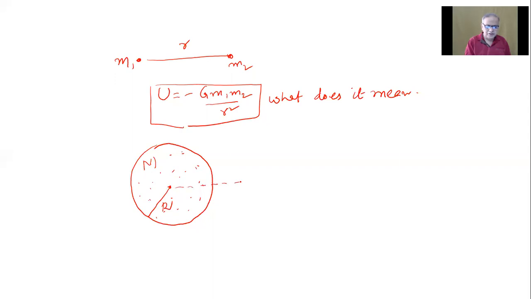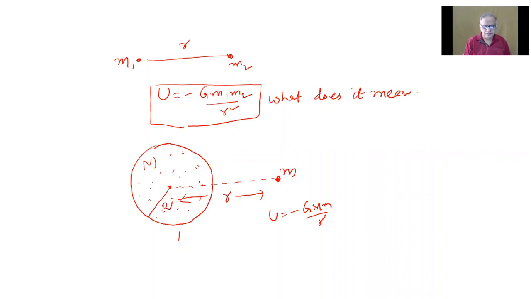Now, at a distance r from the center, if I have got another mass m, we say that actually we can say that the system has so much energy, but in this particular case, since this is almost fixed, in the sense this is not going to move, even if this m moves under the attraction of this, I can say that the potential energy of the mass m is minus G M m by r.